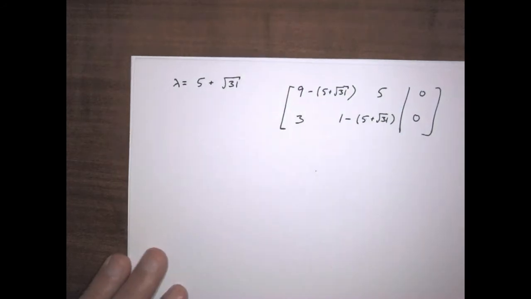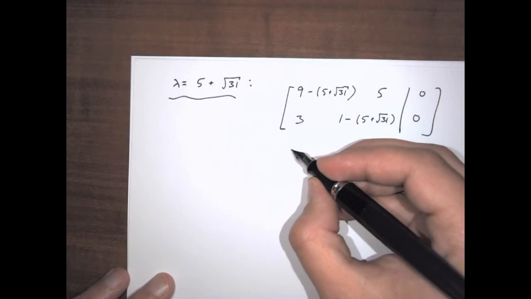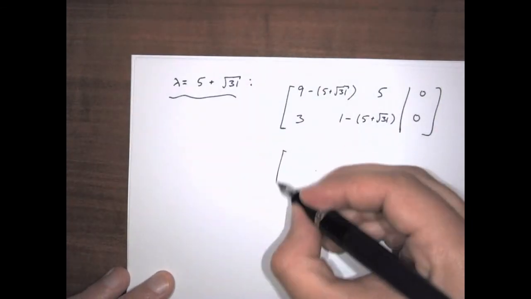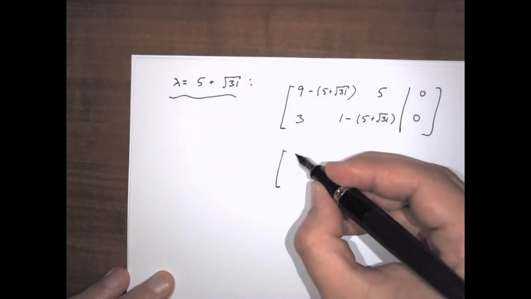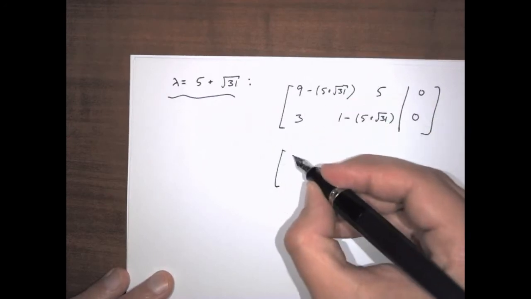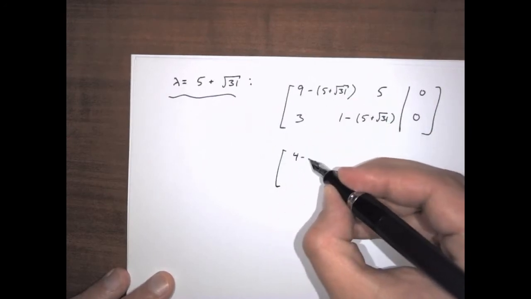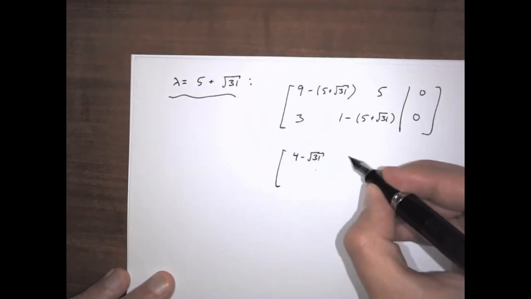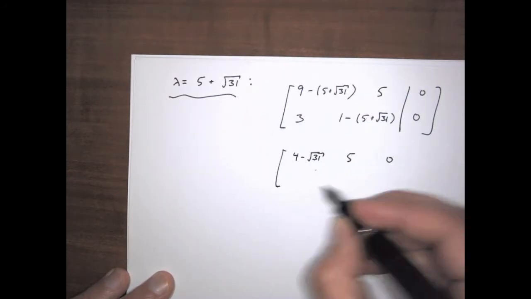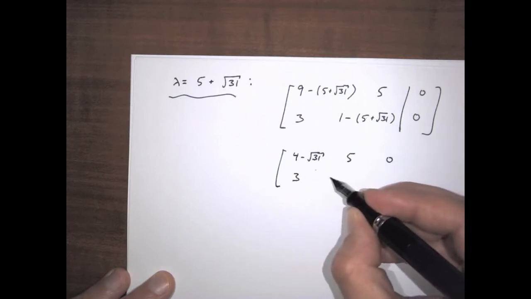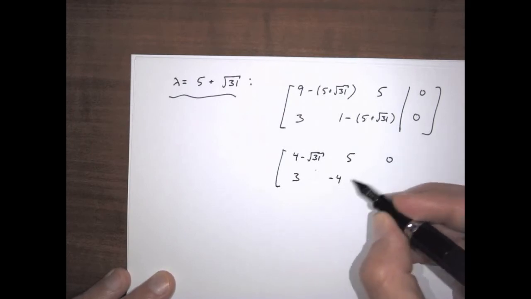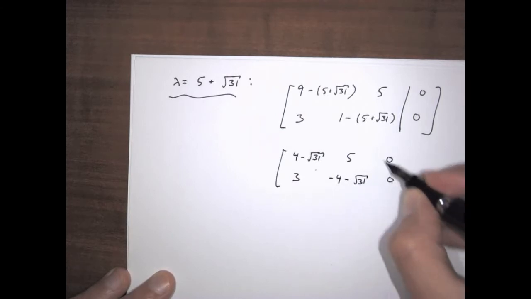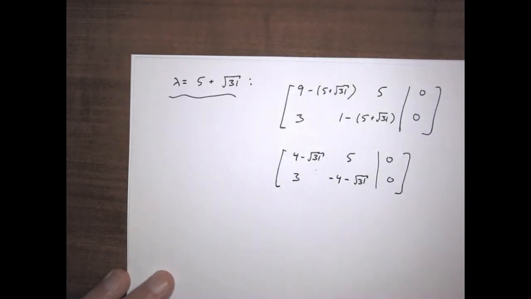Notice that the second time out of the gate, we're writing out fewer of the steps, and that's the usual compression of a mathematical technique. All right, and then if we distribute the negative, this becomes 4 minus root 31, 5, 0, 3, and then -4 minus root 31, 0. Now here you can choose either of these two.